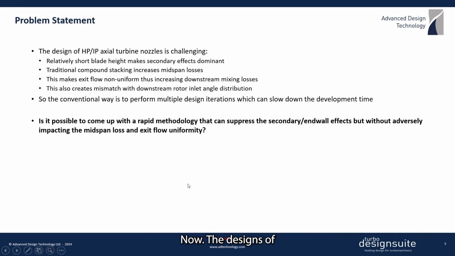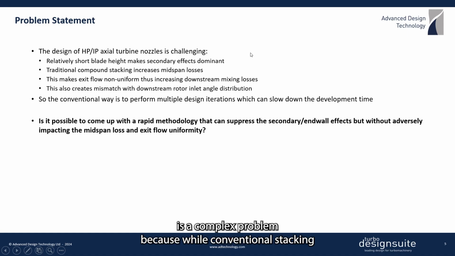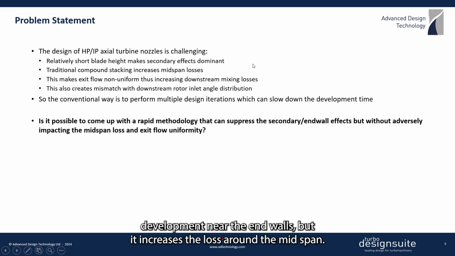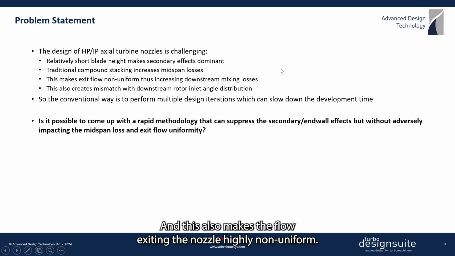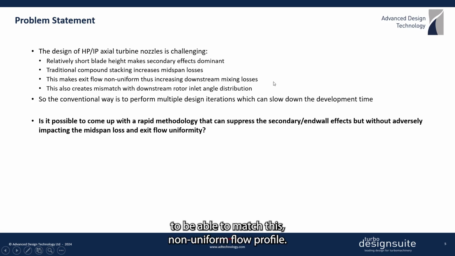Now, the design of HP and IP axial turbine nozzles, such as those used in the early stages of aero engines and land-based steam and gas turbines, is a complex problem. Conventional stacking methods like compound lean can suppress the passage vortex development near the end walls, but they increase the loss around the midspan, and this also makes the flow exiting the nozzle highly non-uniform, which in turn can increase the downstream mixing losses and also require modifications to the downstream rotor to be able to match this non-uniform flow profile.